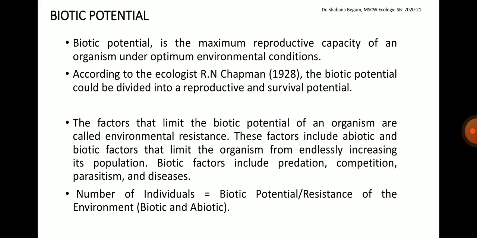The next attribute of the population is biotic potential. So this term was proposed by Chapman in the year 1928, and he used the term biotic potential for the maximum reproductive power.